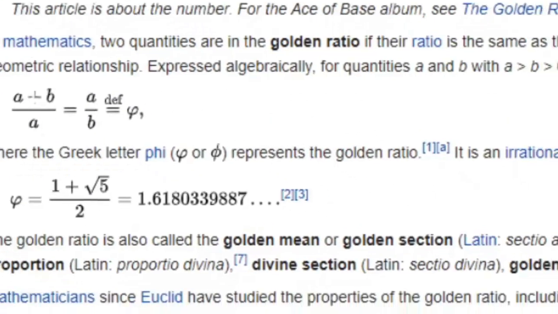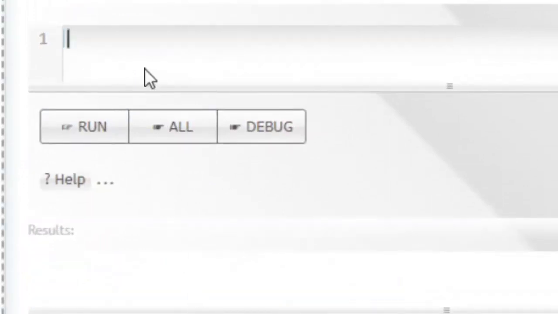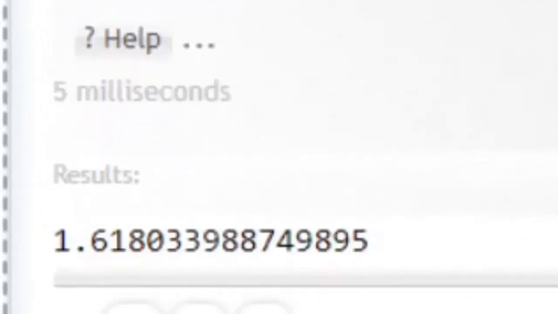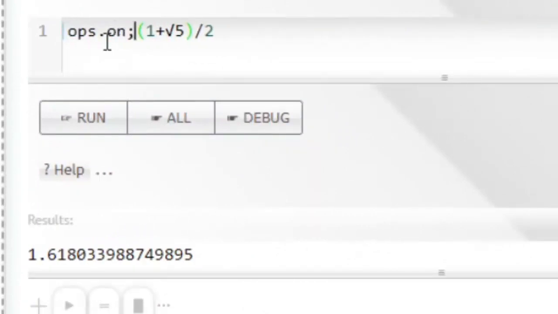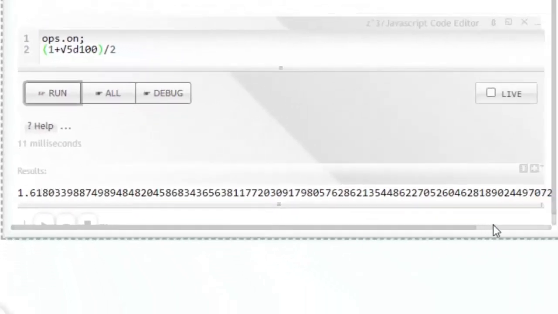So if you evaluated 1 plus square root of 5 divided by 2, obviously we have to put this in parenthesis, and this is going to be this number 1.686180339887498995. Now this is actually an irrational number, so we have to switch on the ops dot on and evaluate at a higher decimal accuracy, and you will see that it continues to go to the right here.